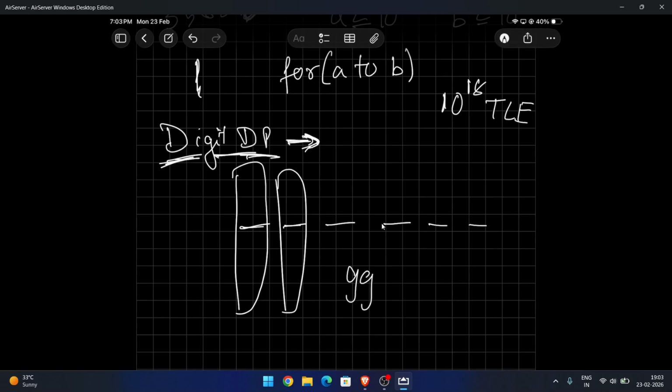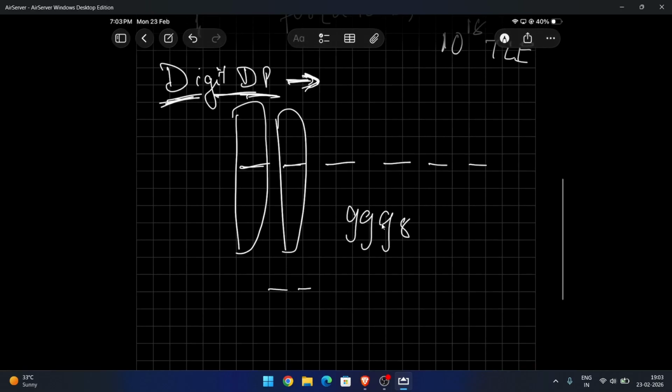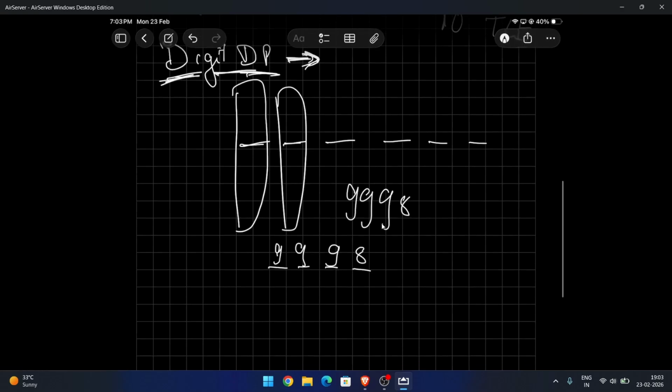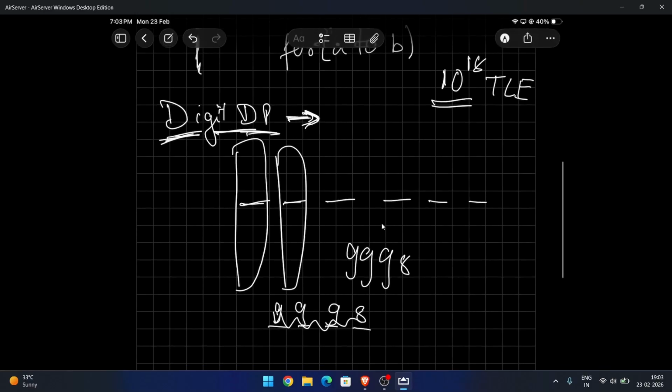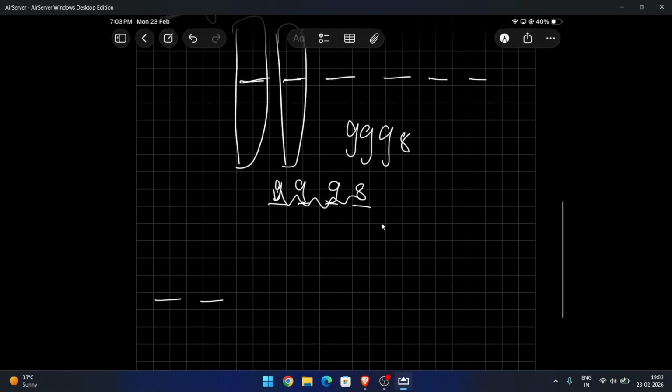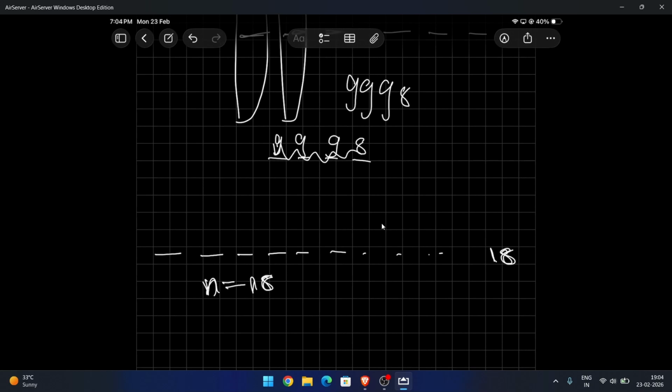Like if a number is 9998, it can be represented with four digits, 9, 9, 9 and 8. So let's see in terms of digits. A number can be maximum 10 to the power 18, so the digits can be up to 18. So n can be maximum 18. Actually n would be maximum 19. Now this is something that we can work on.